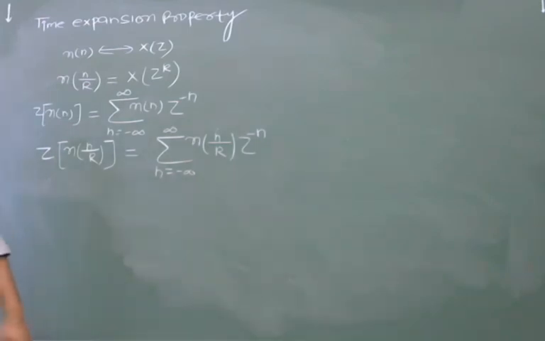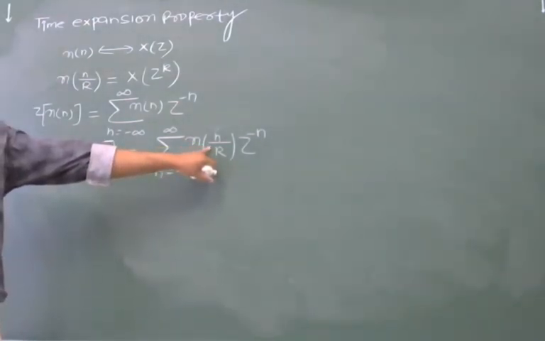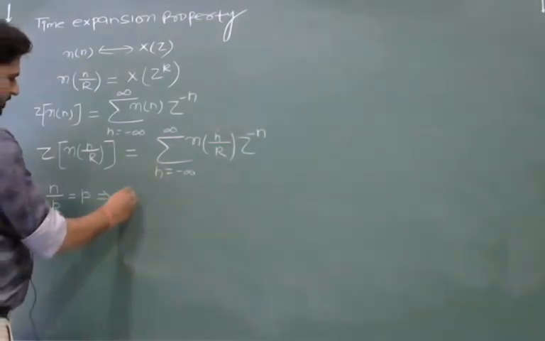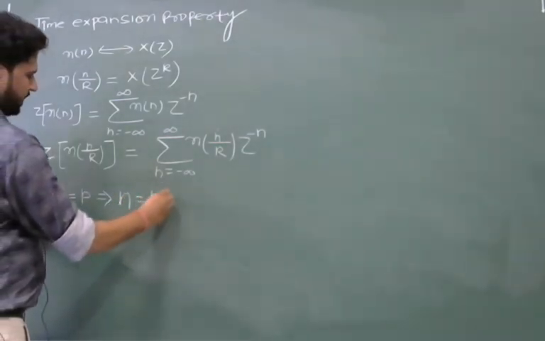Now substitute this variable n by k with another variable p. So I will assume that n by k is equal to p. Again the limit on p will remain the same, because when n becomes minus infinite, p will also become minus infinite. When n becomes plus infinite, p will also become plus infinite. So the limit will remain unchanged, and from here we can replace this n with p into k.